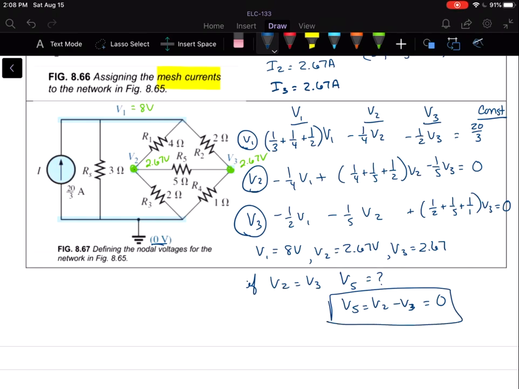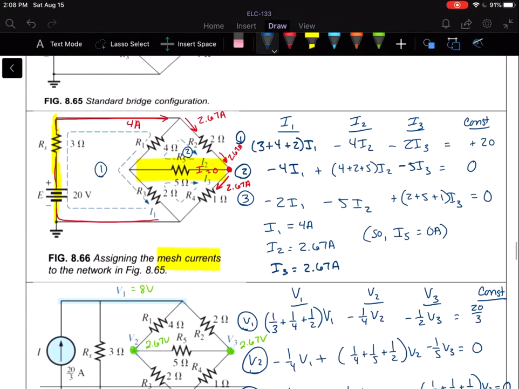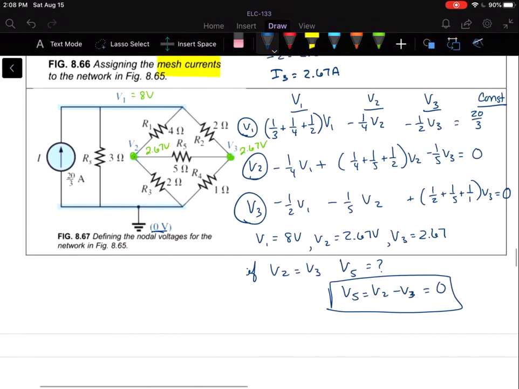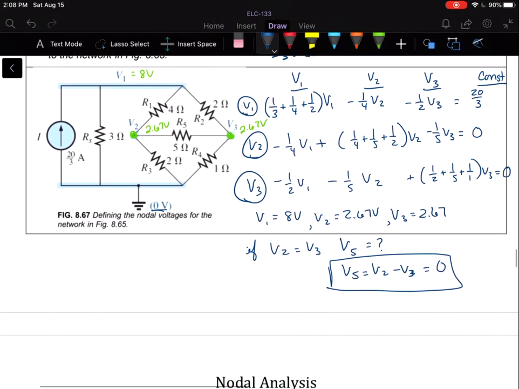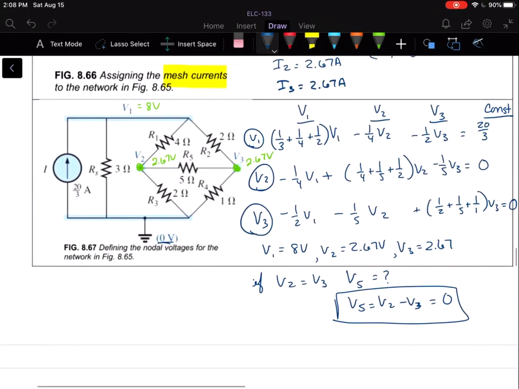Okay, so remember what we found here was when we used mesh analysis, we saw that there's no current through that 5 ohm resistor. And when we used nodal analysis, we found that the voltage drop across that 5 ohm resistor is 0 as well. And this is what we call a balanced bridge.